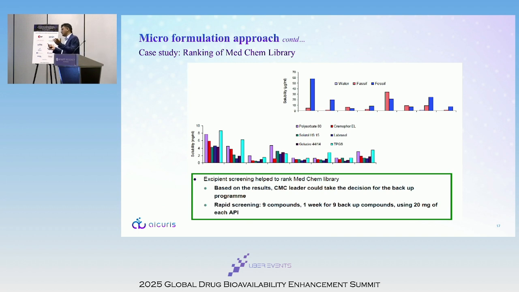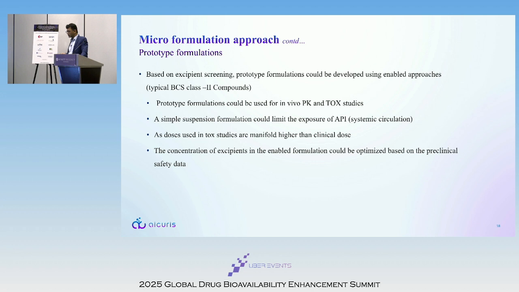Imagine we had one lead compound and other backup compounds, and the question is asked to the CMC team, okay, which of the compounds from the given series has a good probability of success in order to formulate. This data was quite important, and it was saving some time. We don't need a lot of drug, and this was quite helpful at that point.